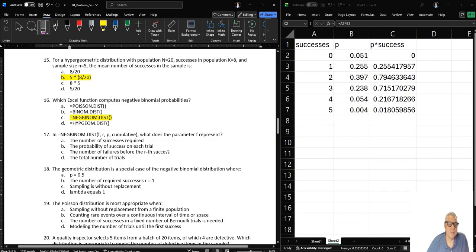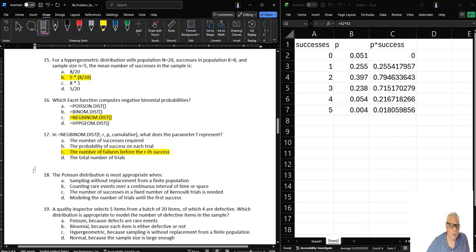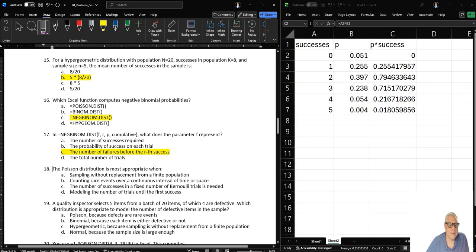Well, the number of failures before the rth success. The geometric distribution is a special case of the negative, we didn't do the negative distribution, so let me just delete that one here. We didn't talk about it.